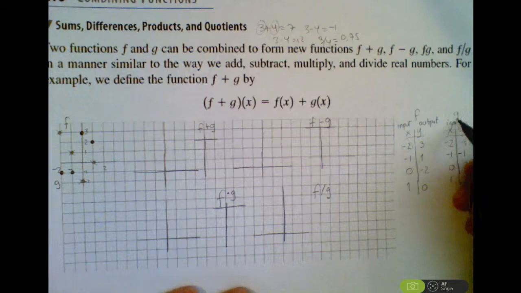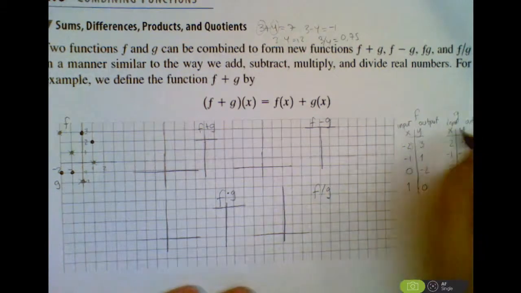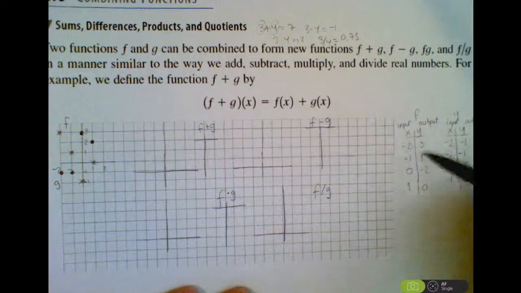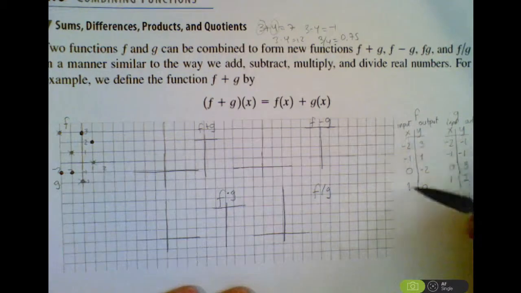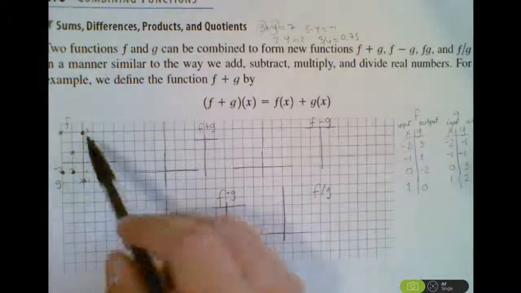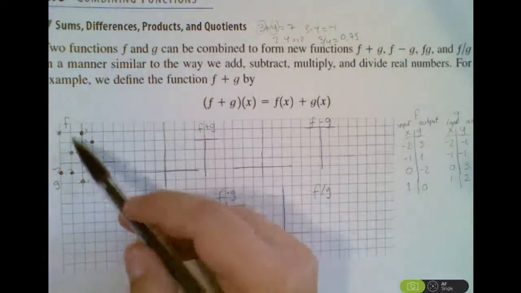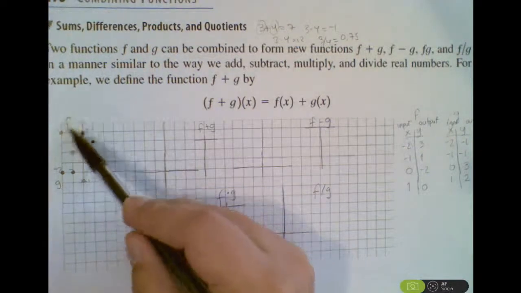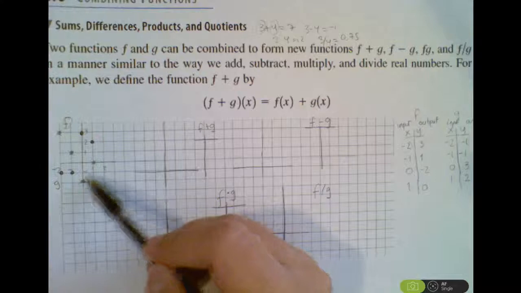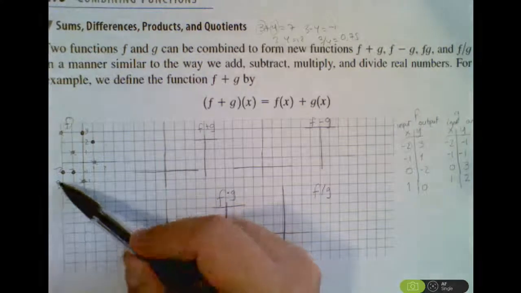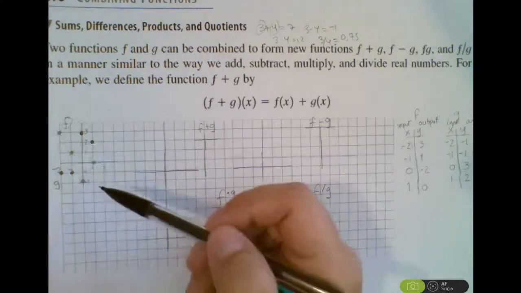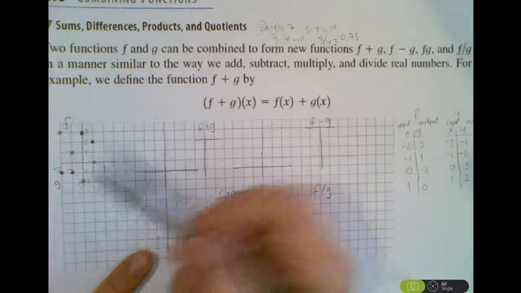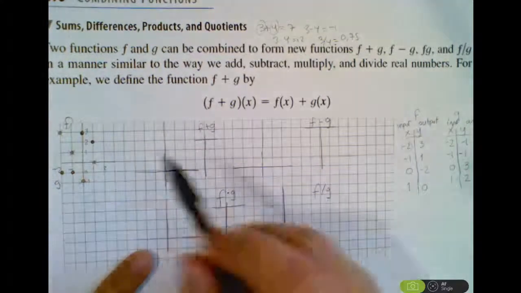For g, these are the inputs and these are the outputs. I don't have formulas, I don't have a rule for f and g, but I know what f and g do to these particular values. So I can graph these functions on a coordinate plane so that you can distinguish between the two of them. I marked f as the x's, and I graph g as just the dots. So you can see both of them are functions. They pass the vertical line test.